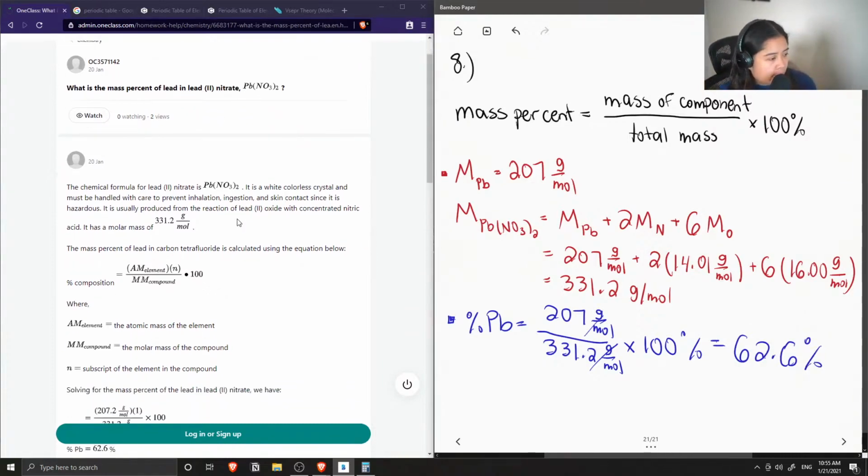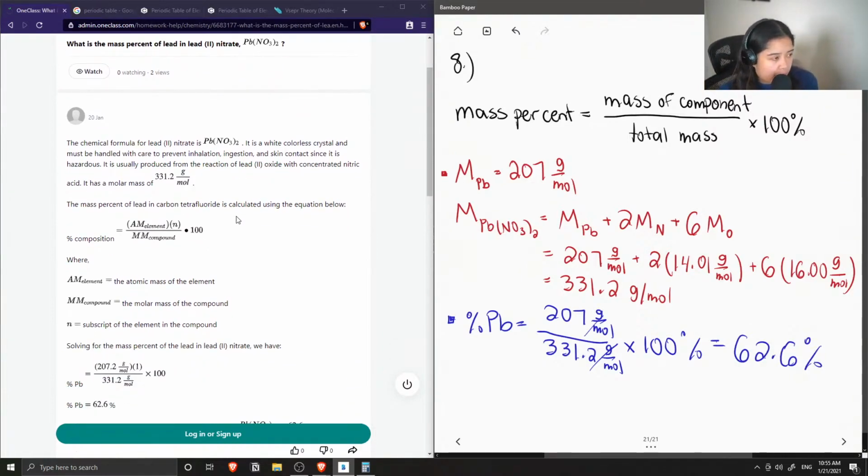Okay, so the junior tutor said that the chemical formula for lead nitrate is Pb(NO3)2. It is a white colorless crystal and must be handled with care to prevent inhalation, ingestion, and skin contact since it is hazardous. It is usually produced from the reaction of lead oxide with concentrated nitric acid.